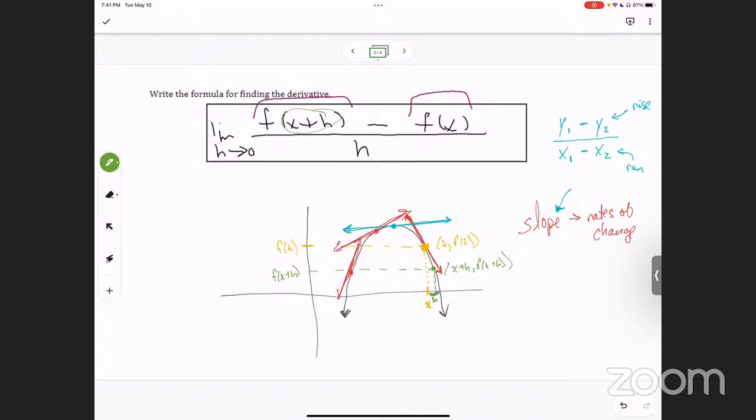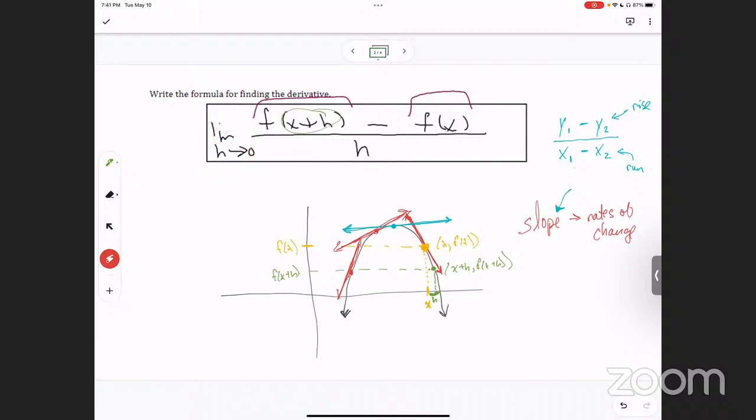So what am I doing with this? I'm making h, this distance right here, go to 0, which means I'm making this smaller and smaller and smaller. I'm finding the slope. Imagine if I took these two points and made a line between them. But then imagine me taking this green point and making it closer and closer to that yellow point, which is what this formula is doing.